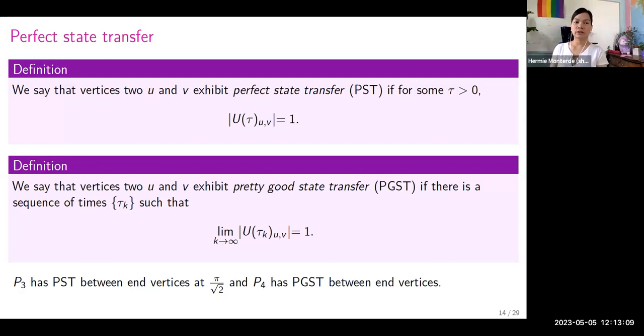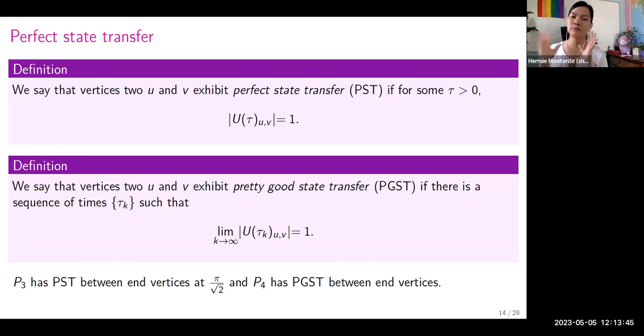So just to formalize the definition, we say that two vertices u and v exhibit perfect state transfer if the modulus of the uv entry of U(tau) is 1 for some time tau. Now, we have a relaxation of perfect state transfer. And this is silly, I'm sorry for the term. I did not create this, okay? But the relaxation is what we call pretty good state transfer.